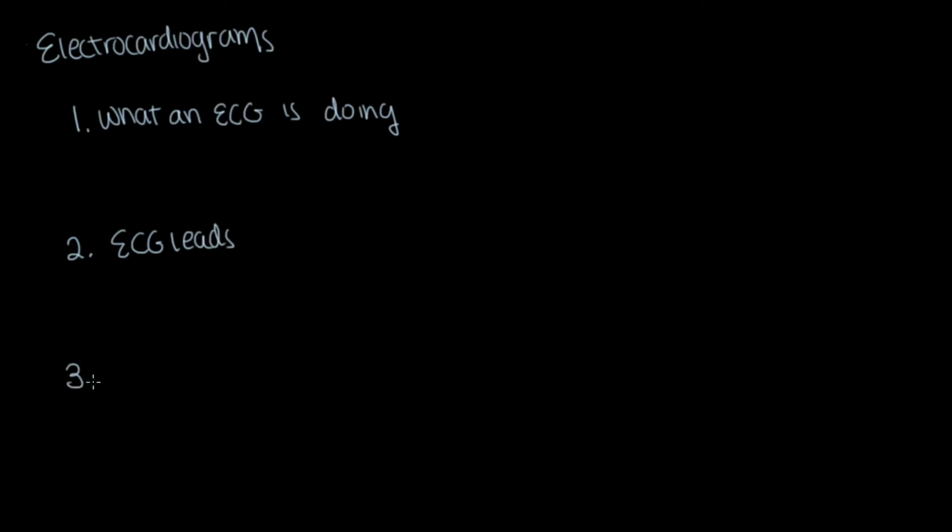And then we'll finish off at the end with kind of looking over what a normal ECG looks like. And I think that this will be a really good basis to understand why ECGs deviate from the normal in the way that they do when there's something that's wrong.